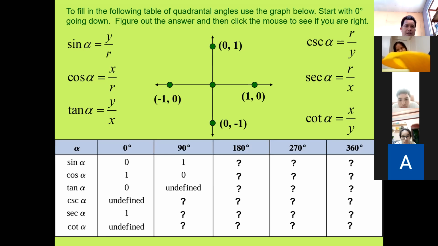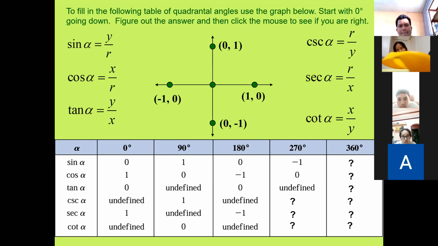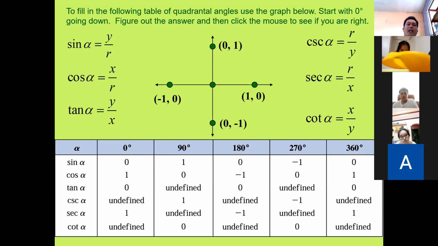We will not solve this. It's up to you how you're going to solve this, class. These are the answers to each of the angles. These are what we call quadrantal angles. Quadrantal angles have their terminal side on the x or y axis. Question?